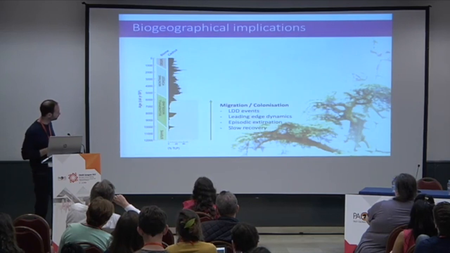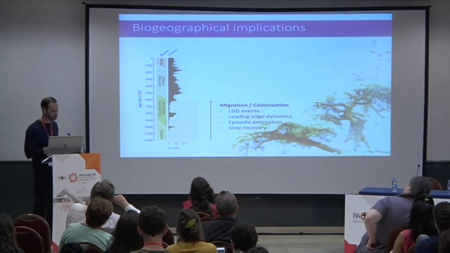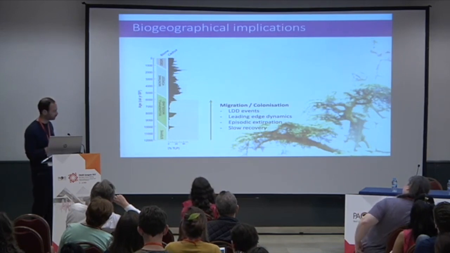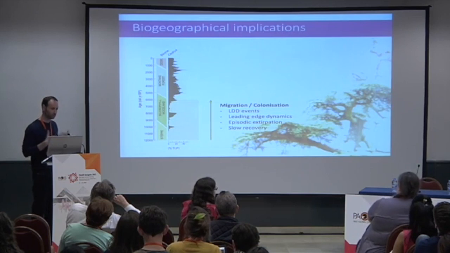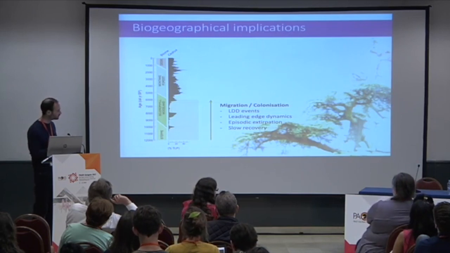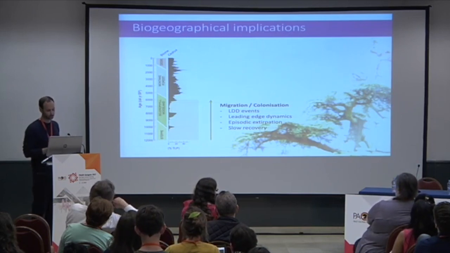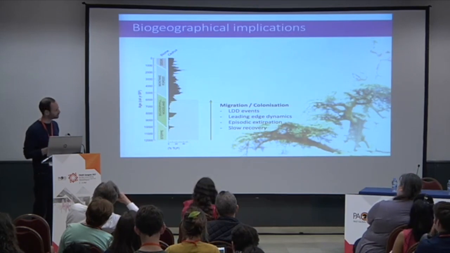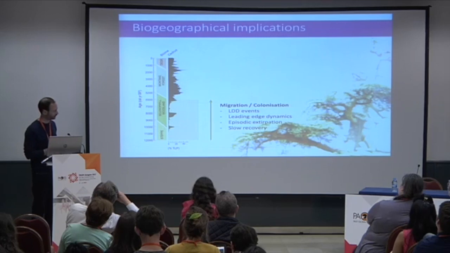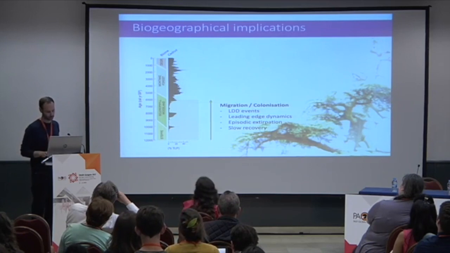In the early Holocene, up until around 6,000 years ago, we can consider a migration or colonization period, and the kind of dynamics that we can infer to be taking place, long-distance dispersal events from areas where cedar may have been more abundant prior to this in other mountain ranges of North Africa, an aspect of leading-edge dynamics as this particular tree attempts to colonize and then experiences episodic extirpation, and also periods of slow recovery between the few millennial scale expansion events.